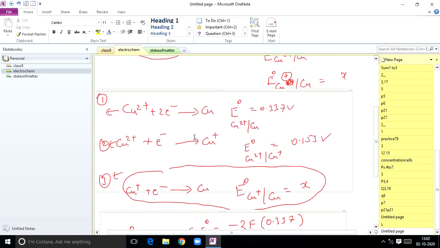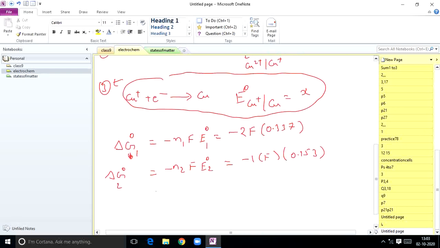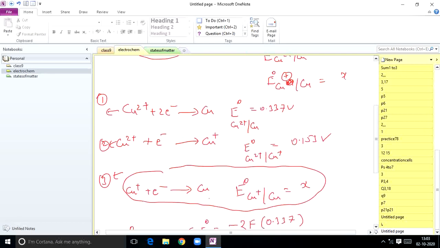By using 1 and 2 equations you have to bring the third equation. How are you going to get the third equation? Equation 1 minus equation 2. If I do 1 minus 2, I want to get the third equation, students. So what I am doing is equation 1 minus equation 2. Just observe it.